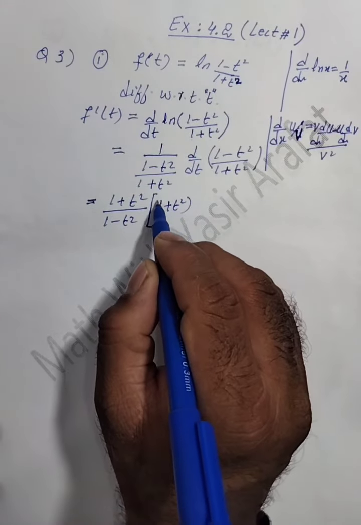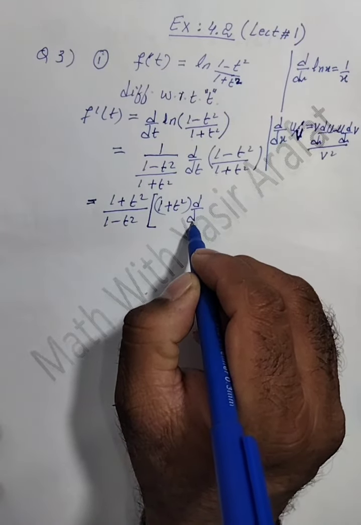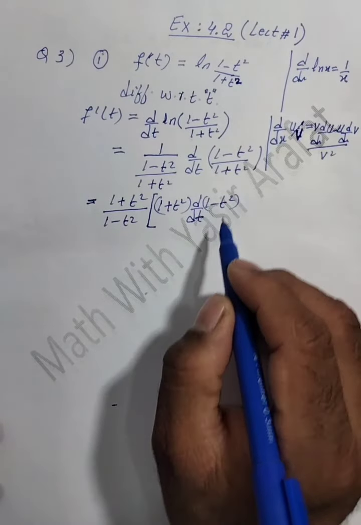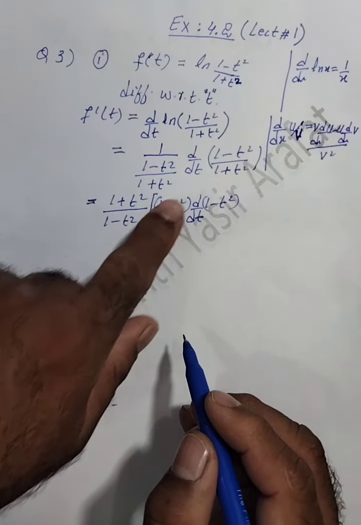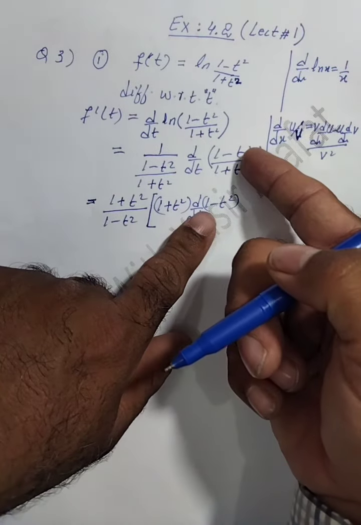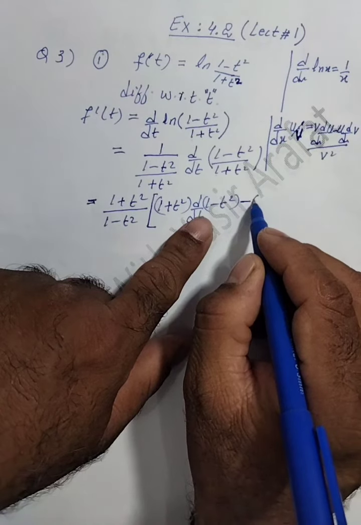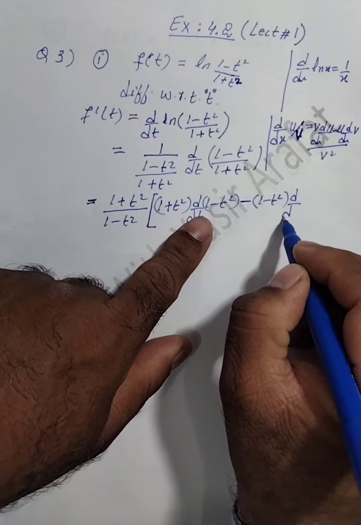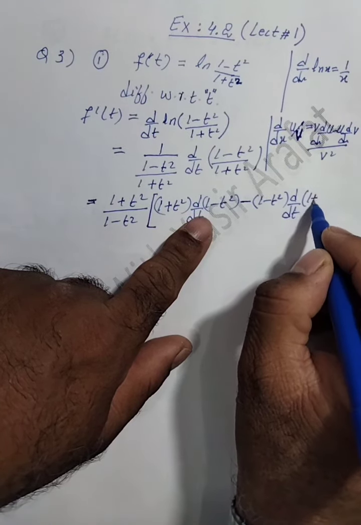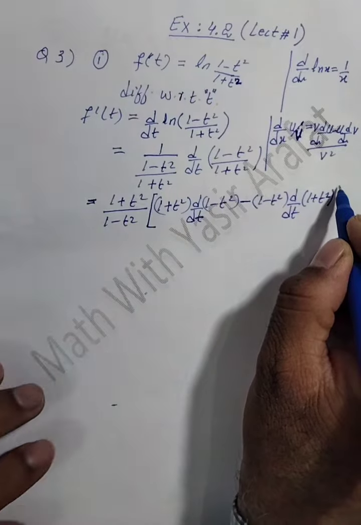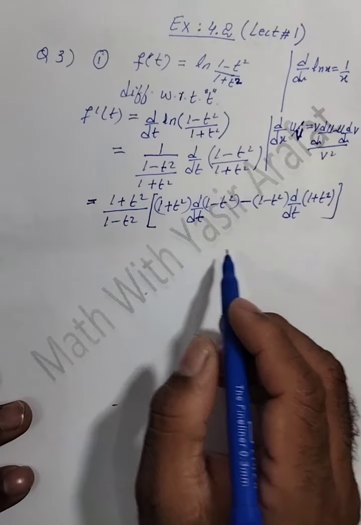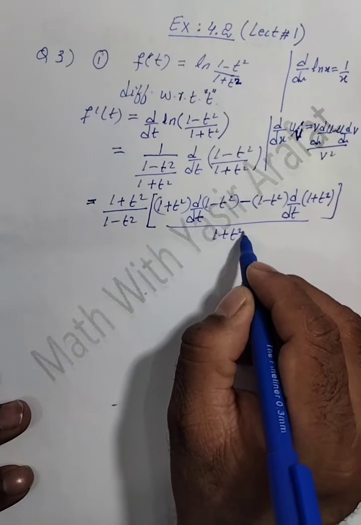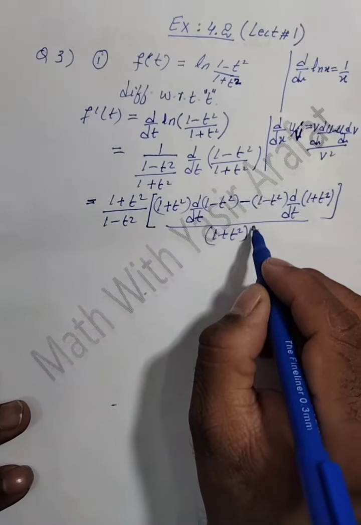The numerator: v as it is means 1 plus t square as it is, times the derivative of u, which is of 1 minus t square, minus 1 minus t square as it is, times the derivative of v, where v is 1 plus t square, and the whole divided by v square, that means (1 plus t square) to the whole square.